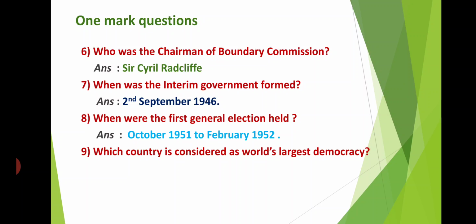And the ninth one is, which country is considered the world's largest democracy? I hope all of you know the name of the country, that is our country, India. My dear students, you should understand India is the largest democratic system in the world. And the Constitution of India is also the biggest constitution in the world.